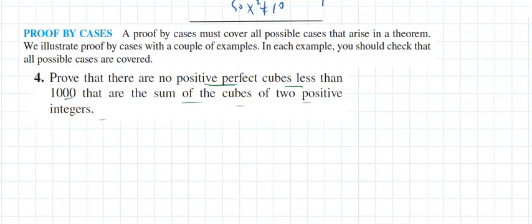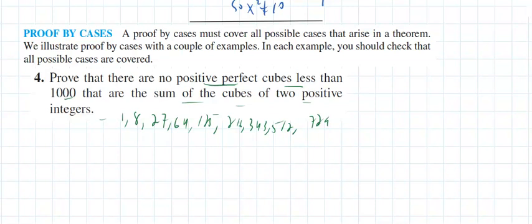So let's look at the cubes. 1 cubed is 1, 2 cubed is 8, 3 cubed is 27, 4 cubed is 64, 125, 216, 343, 512, and 729.